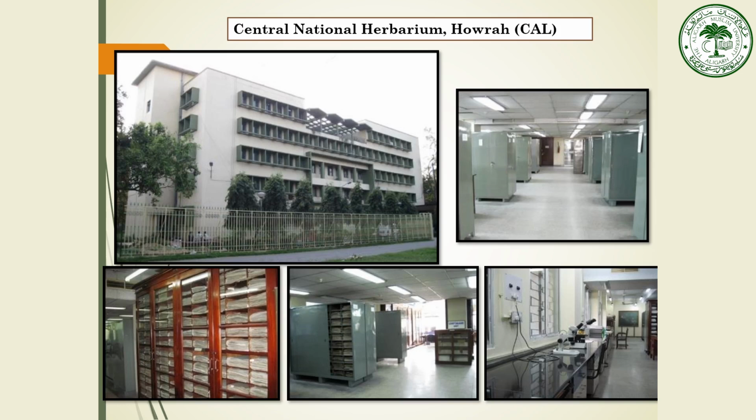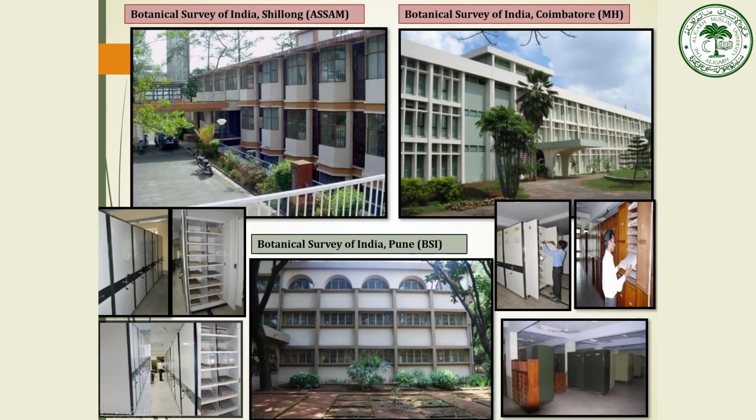You can see a number of plant species here. These are storehouses, either wooden or steel. You can see the pigeonholes that store the herbarium specimens. This one shows the different regions, like the Botanical Survey of India in Shillong, Coimbatore, Pune.